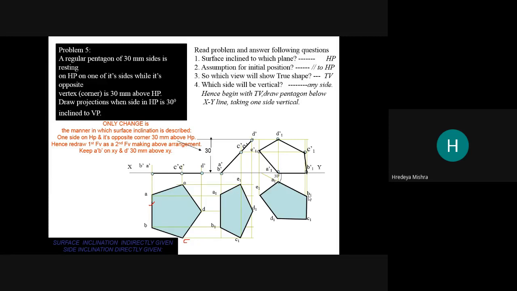So we can go on to the second problem. Now what is the problem? It is a problem of a circle.